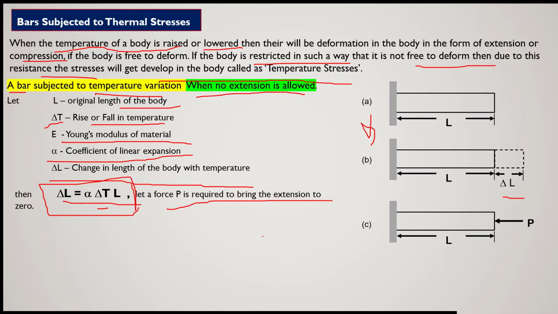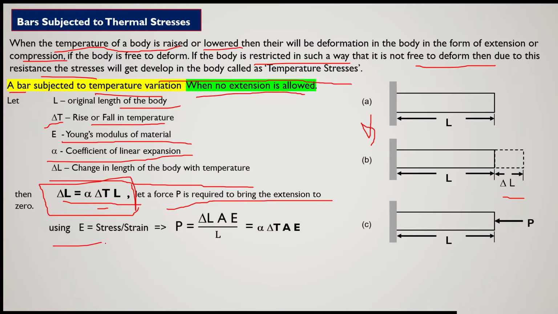That means you can say that P force is required to bring the extension to 0. In figure B, there was extension delta L, and if you can apply a force such that you restrict the extension of this member, then that force will be P. Now this force P can be replaced by a fixed support.